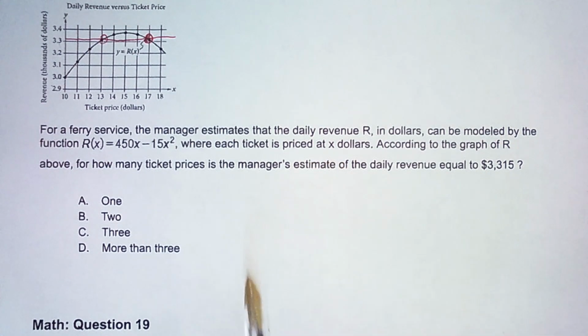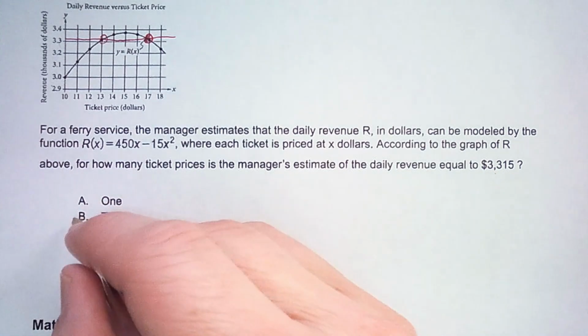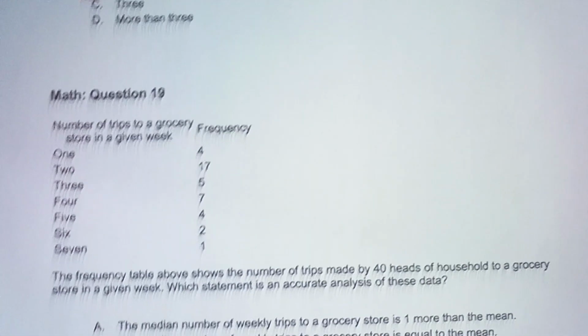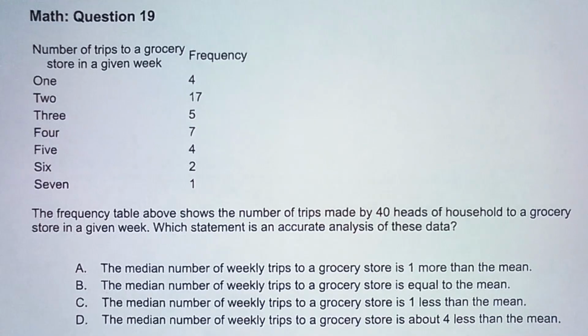So there will be 2 different points on this arc, which will represent 2 different ticket prices that will give a daily revenue of $3,315.